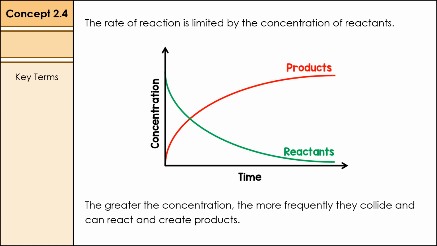Now, what's important to note is that reactions are limited, and they are limited mostly by the concentration of their reactants. We can only do so many reactions based on how much product we have to work with. So if we only have 4 Legos, we can only do the work of 4 Legos. And if we increase the number of Legos, we can create more structures. Legos are going to be one of those things that I come back to because they are a really good way to visualize what we're working with here.